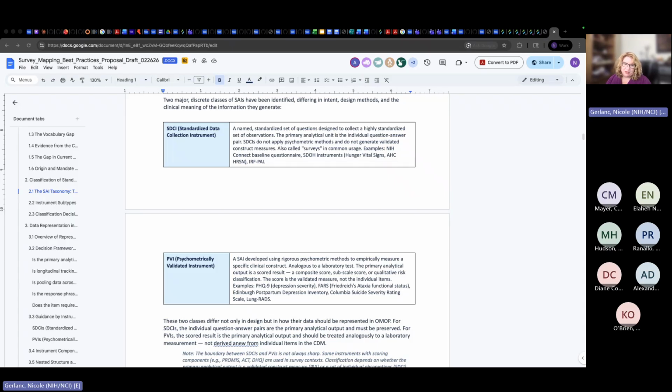Or is there some intermediary step where we try to harmonize those scales? I think it's definitely something that should be part of the discussion. I think probably what we need to do in the next couple of weeks is triage what we want to be part of this first proposal, and then go from there.